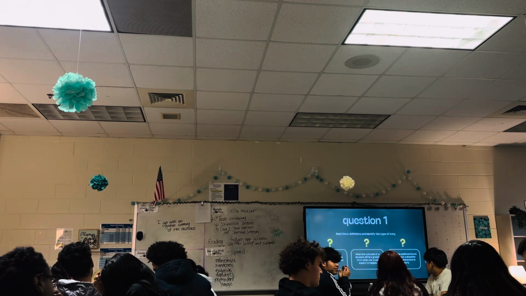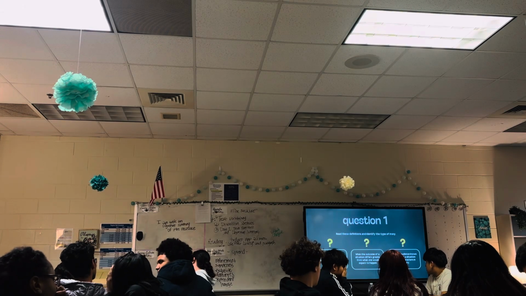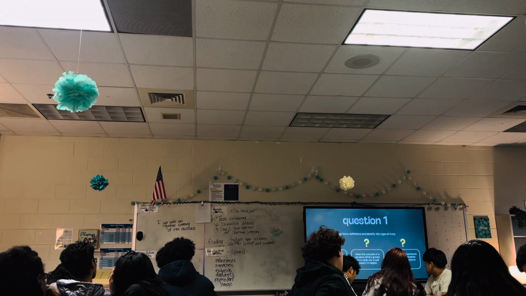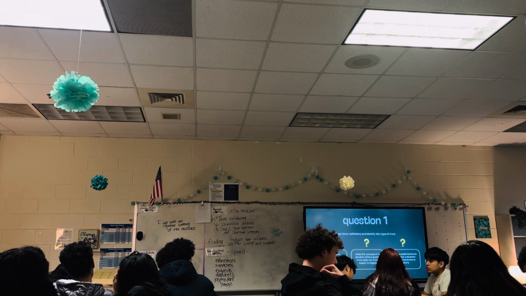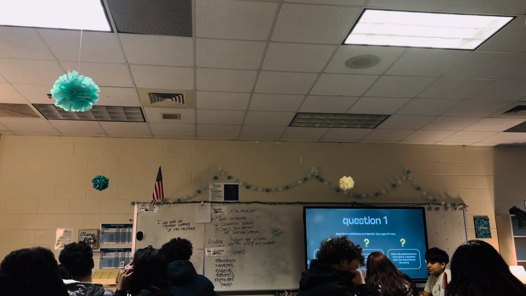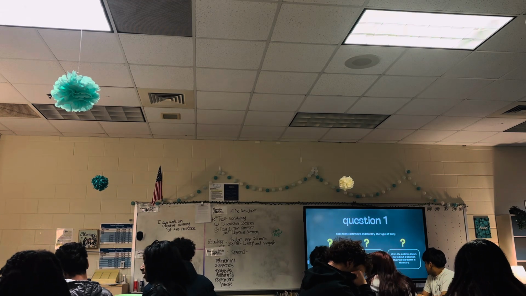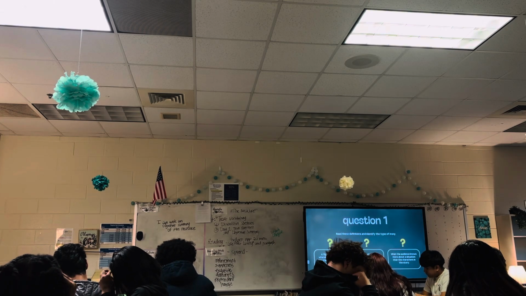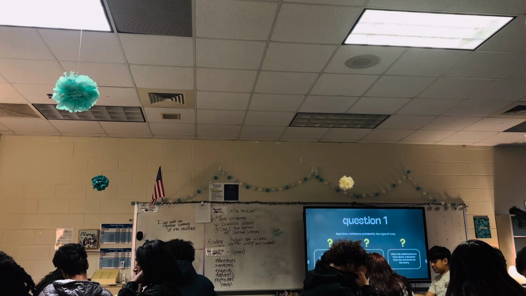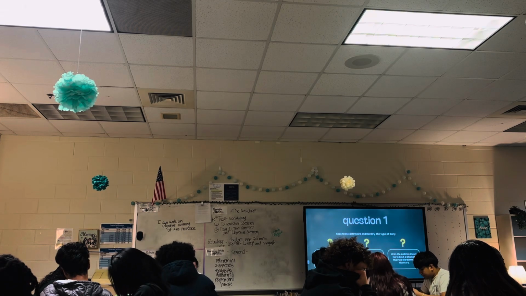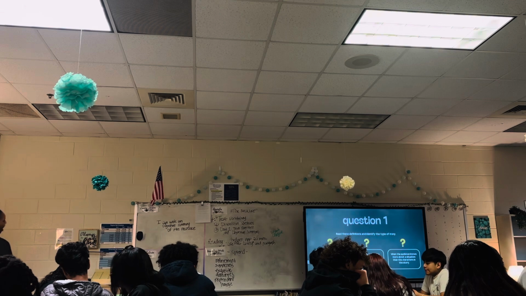Giselle, if the outcome is different from what I would expect, what kind of irony is that? I'm in a situation, the outcome is not what I expected. Situational. And Angel, the audience knows something, but the character doesn't. Dramatic irony. All right.